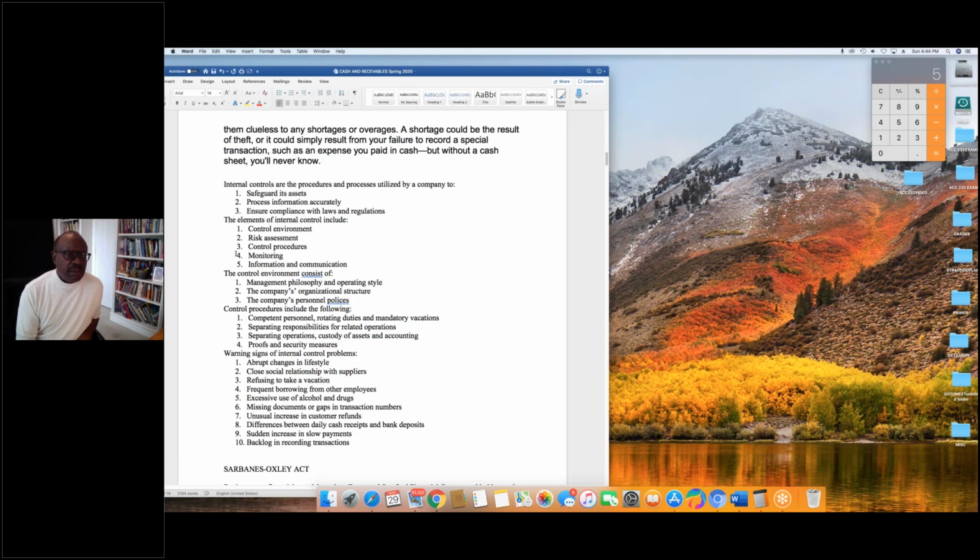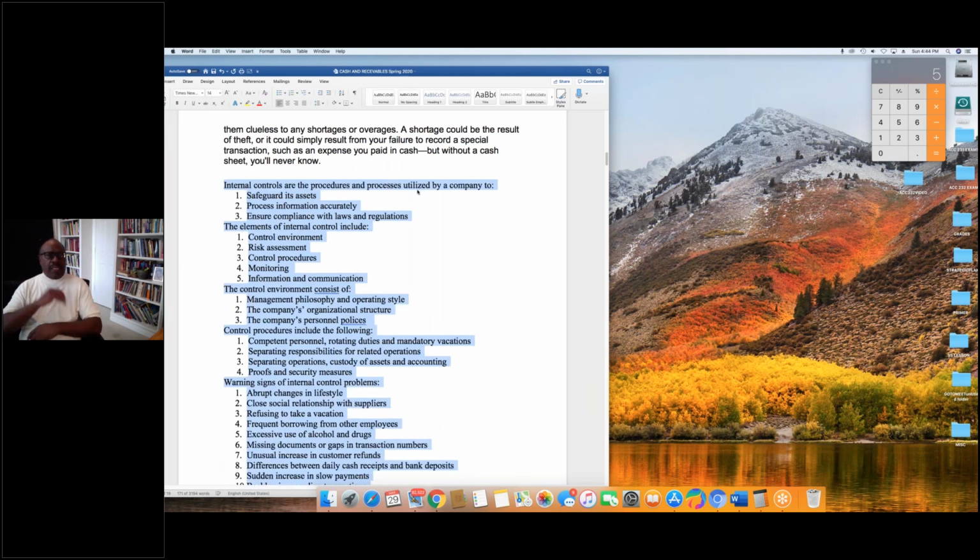Internal controls. Internal controls are all the processes a company utilizes to safeguard its assets. So when you're running a company, you've got people working for you. Or if you're working for a company with a lot of people, you've got to safeguard the assets and ensure compliance with laws.